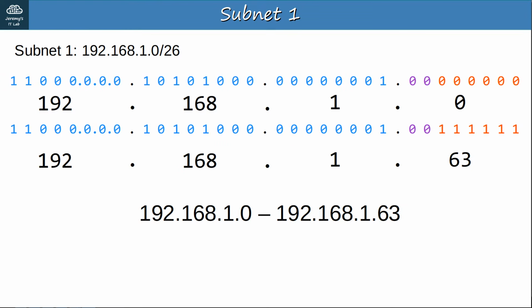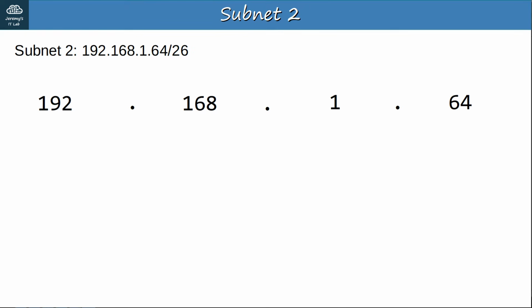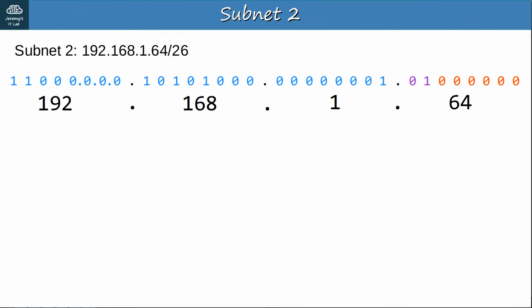So, the address range for subnet 1 is 192.168.1.0 through 192.168.1.63. The network address of subnet 2 will be 1 higher than the broadcast address. So, that means that subnet 2 will be 192.168.1.64/26. That's the network address, and here it is in binary.